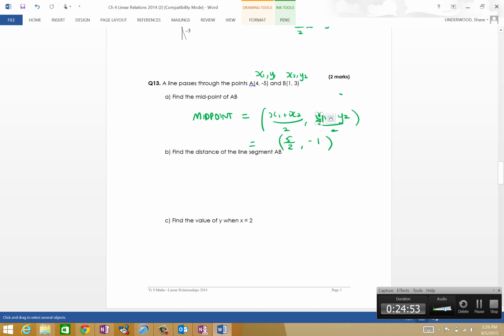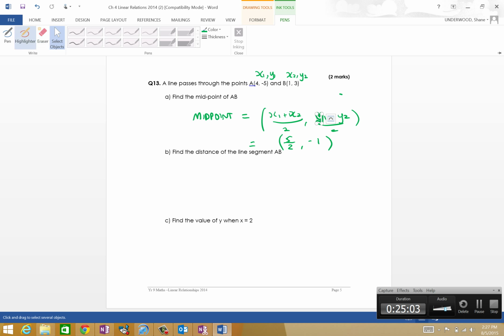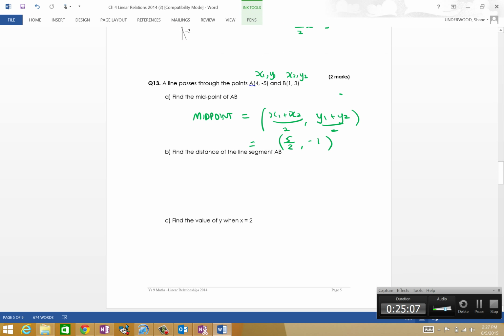All right, now find the distance of the line segment AB. Now, I guess you could just draw a triangle with the rise and the run, and that's going to give you the distance, because we're going to use, who's that guy that said a squared plus b squared equals c squared? Yeah, Pythag. So we're going across a distance of 3, and up a distance of 8.